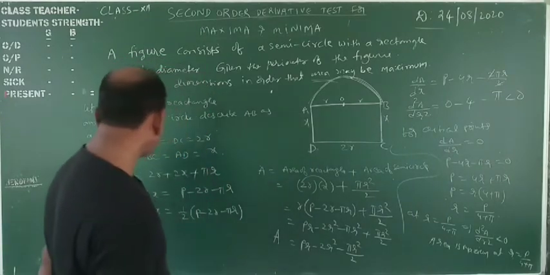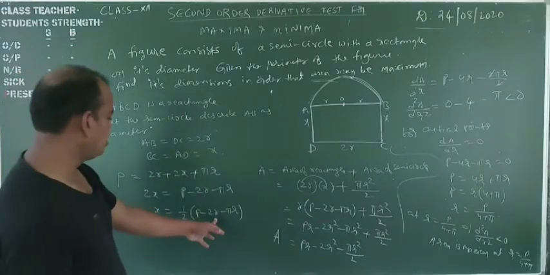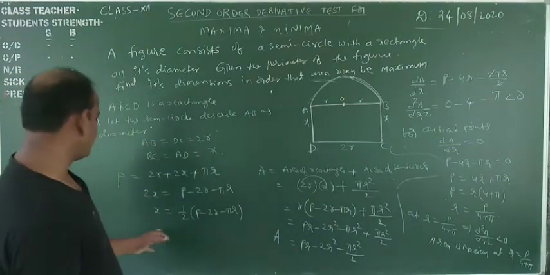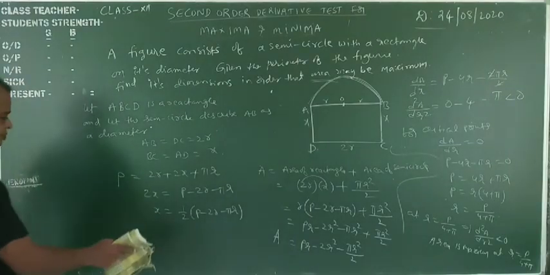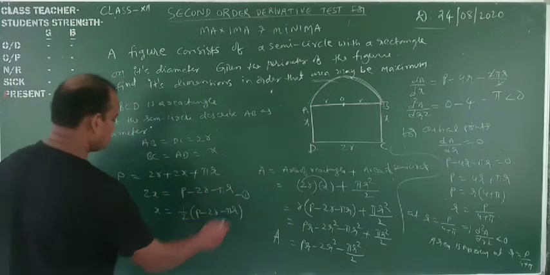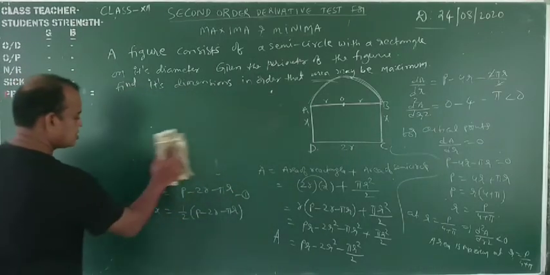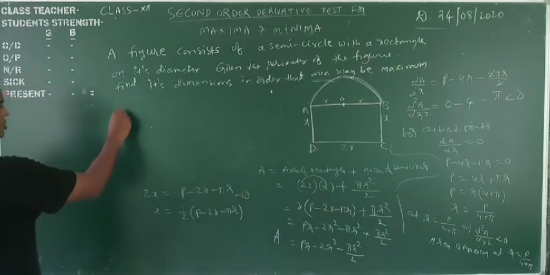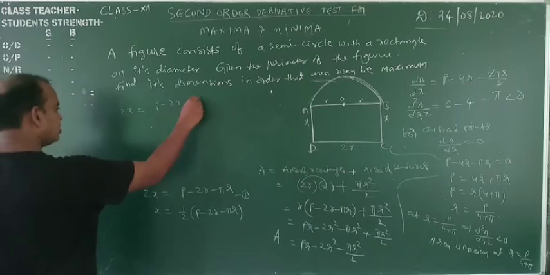From this, x is found by substituting here. The r value you know very well. Now substitute in this equation, no problem at all. Now the r value substituted in this one. What is this? 2x is equal to P minus 2r minus pi r.